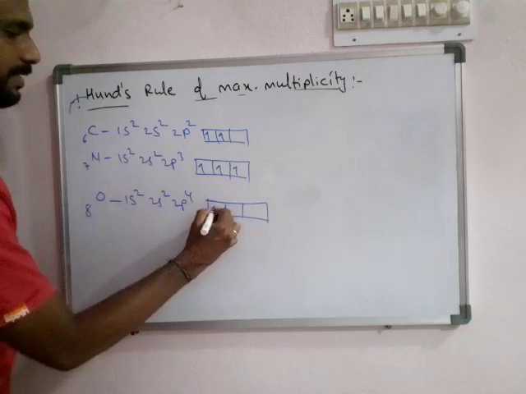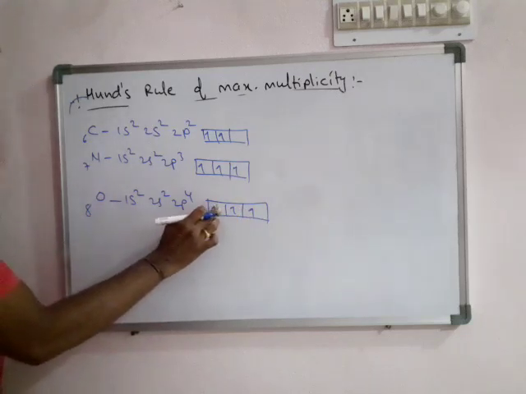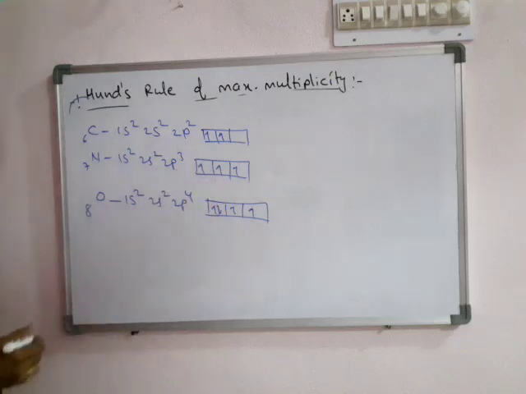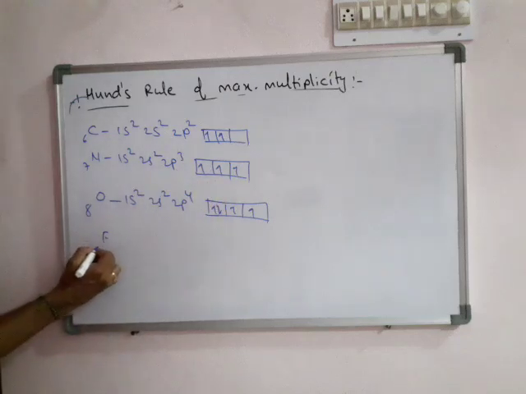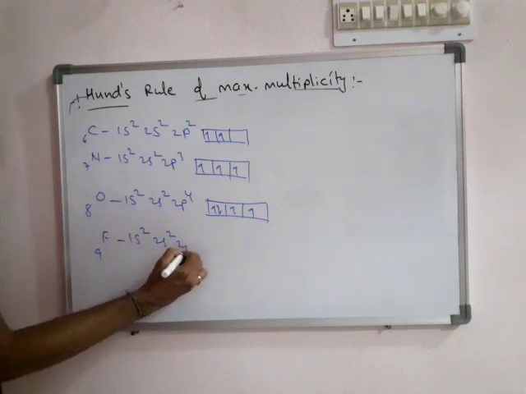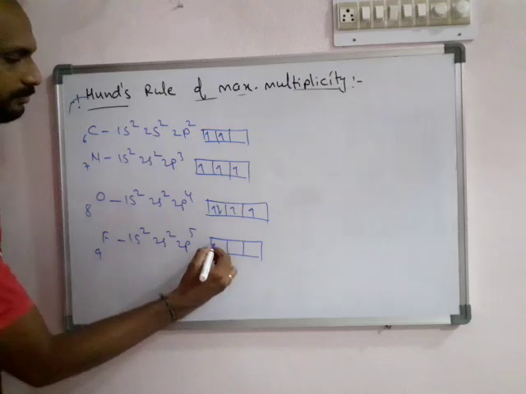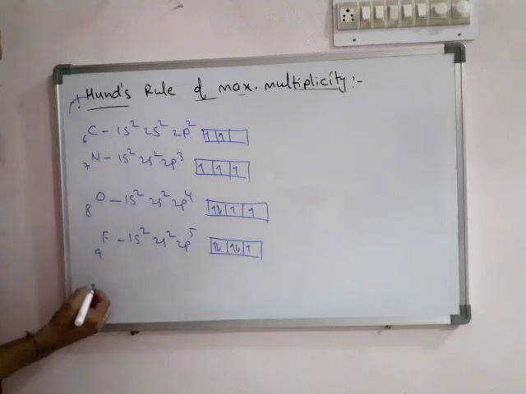Now filling takes place. Pairing is started. So pairing starts. So fluorine 9: 1s2, 2s2, 2p5: 3, 4, 5.